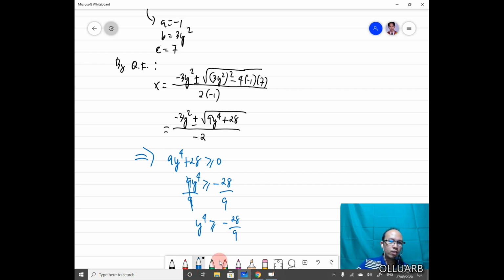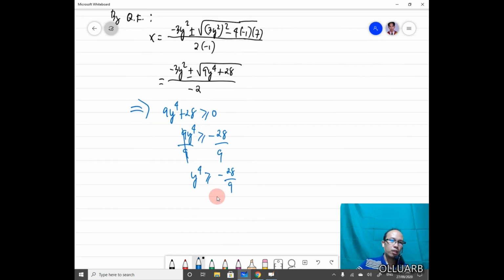Okay, as you can see here, if you take the fourth root of both sides, or before that, notice that for all values of y from negative infinity to positive infinity, the expression on the left hand side is always greater than this value, which is negative.